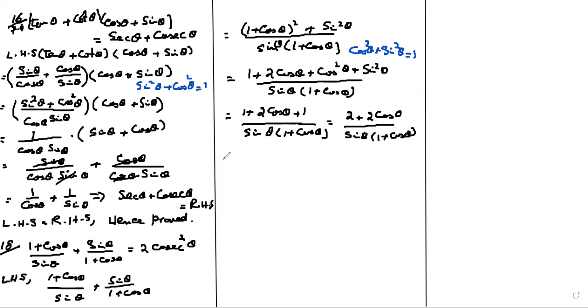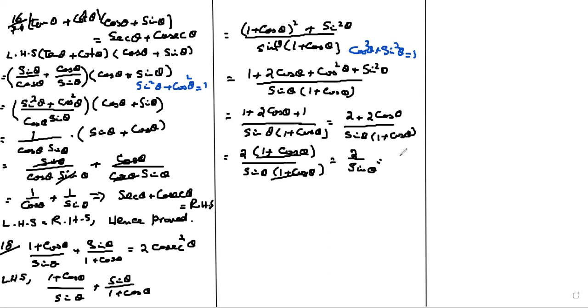Taking 2 common from the numerator, we have 2 times 1 plus cosine theta divided by sine theta times 1 plus cosine theta. Now 1 plus cosine theta got cancelled with 1 plus cosine theta, right? We have 2 over sine theta.